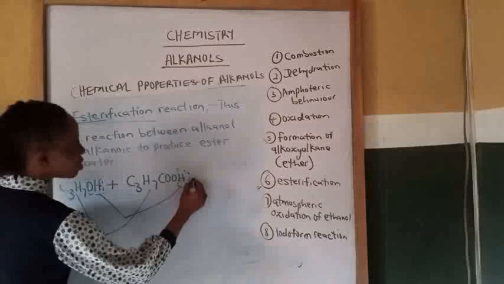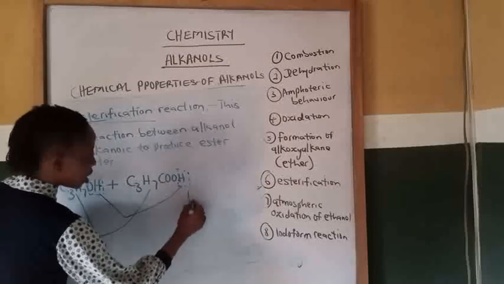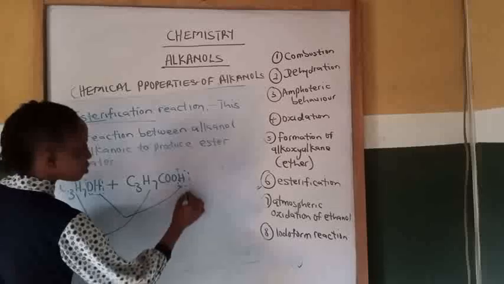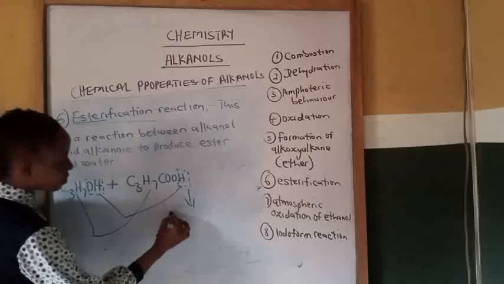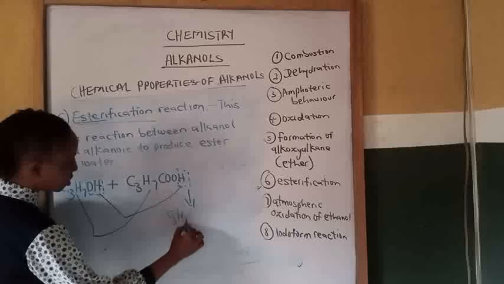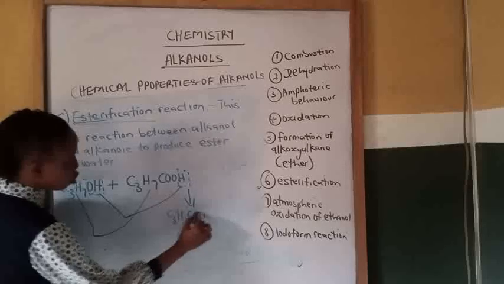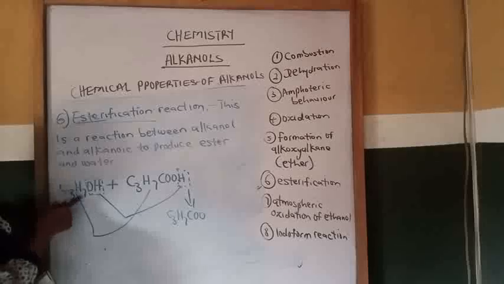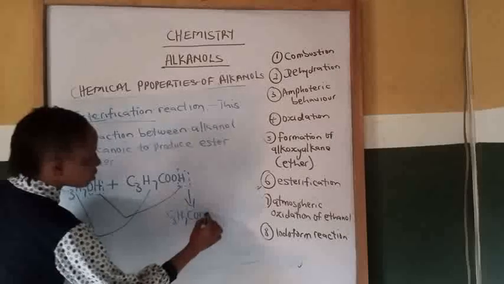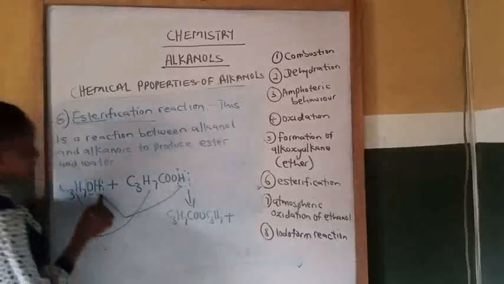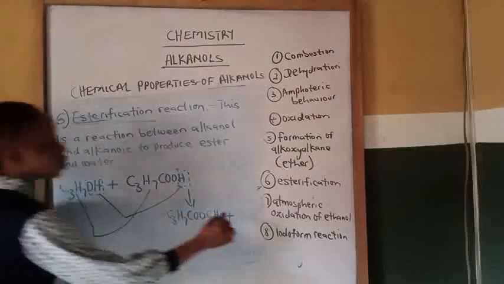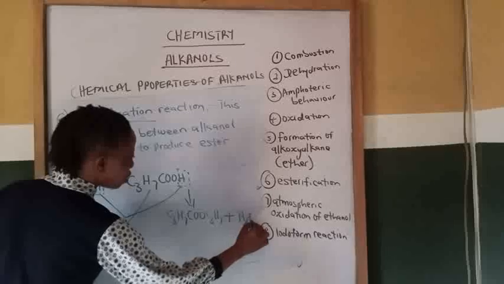So our product now will be C3H7COO combined with C3H7, plus the hydroxyl group plus hydrogen, which gives us a water molecule.